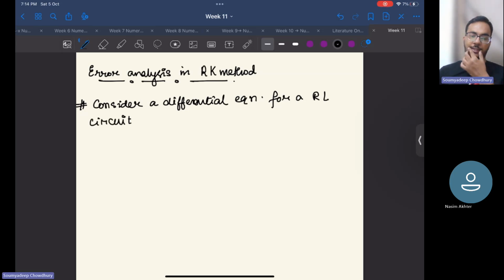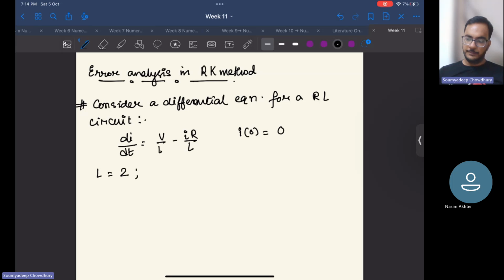A series RL circuit is present, and the model of the circuit is given by di/dt = V/L - IR/L. The initial condition is given as I(0) = 0. And these parameters are given: L equal to 2, R equal to 4, and V is given as 5 volts.